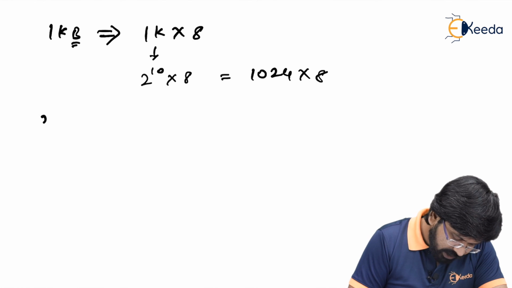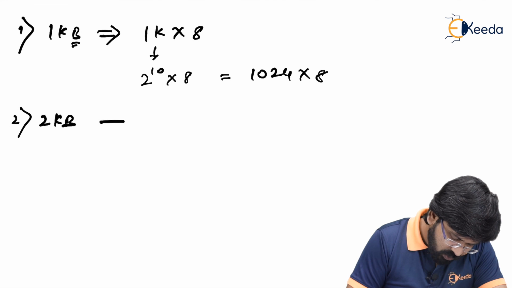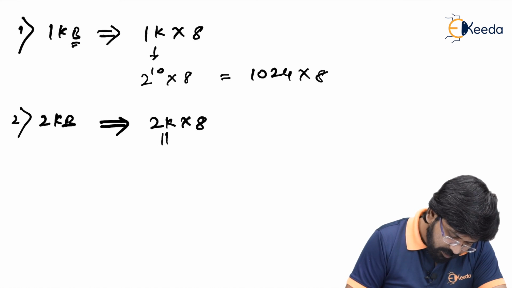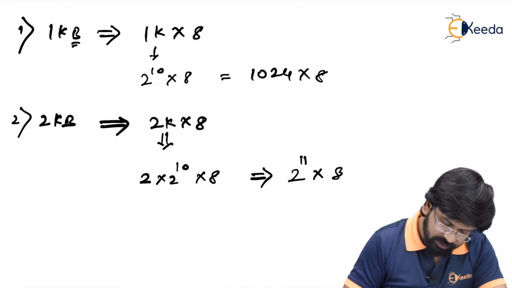Similarly, if I want to write 2 KB, I can express 2 KB as 2K cross 8, where 2K means 2, I am writing 2 as it is, K means it is 2 to the power 10 into 8. This is equal to 2 to the power 11 into 8.